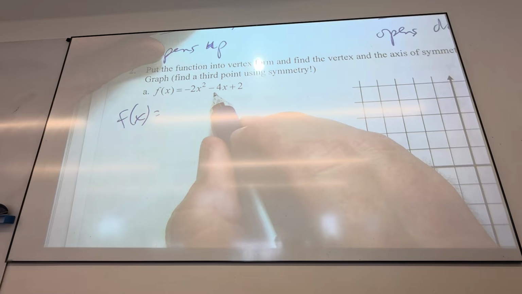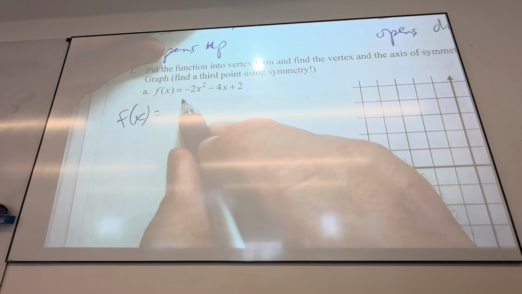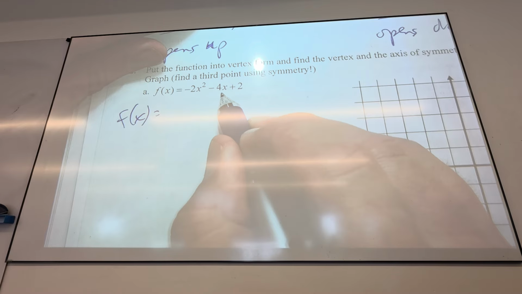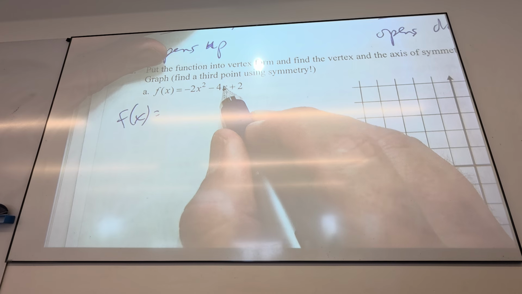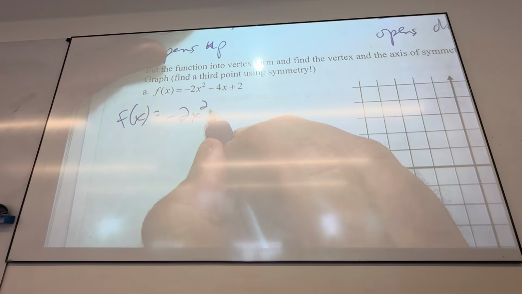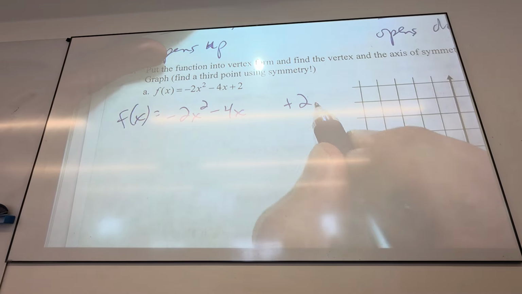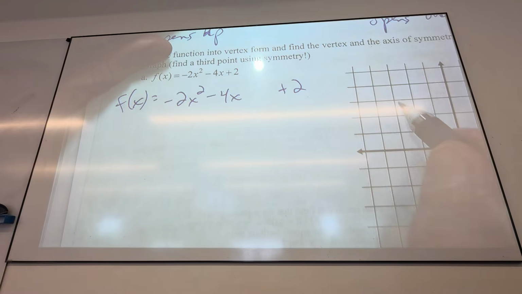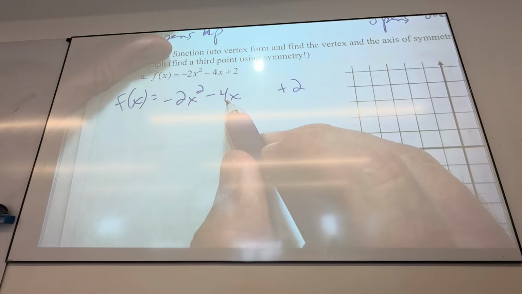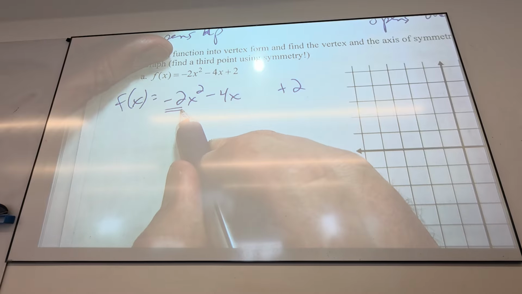So what are my first two steps to complete the square for this poor little guy? I don't do anything with this. Why do I not do anything with this? Yeah, make space. I like that. But why can't I just cut this in half? What's wrong? What do you need here?